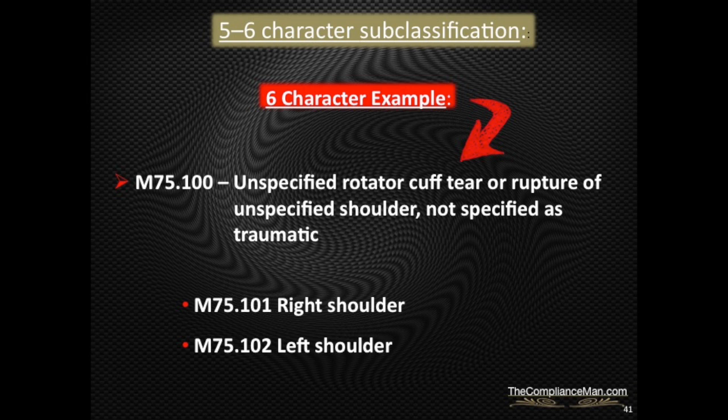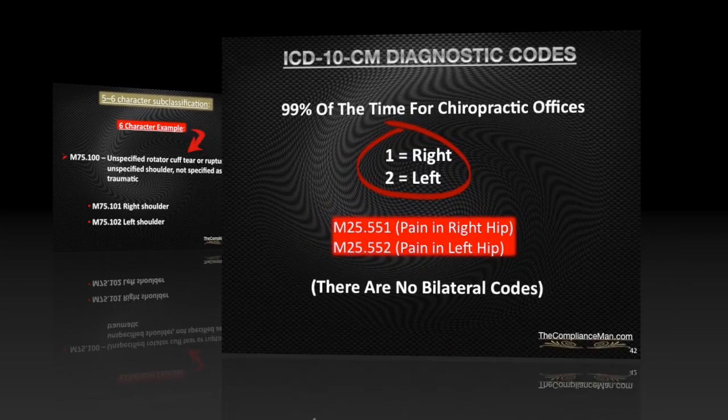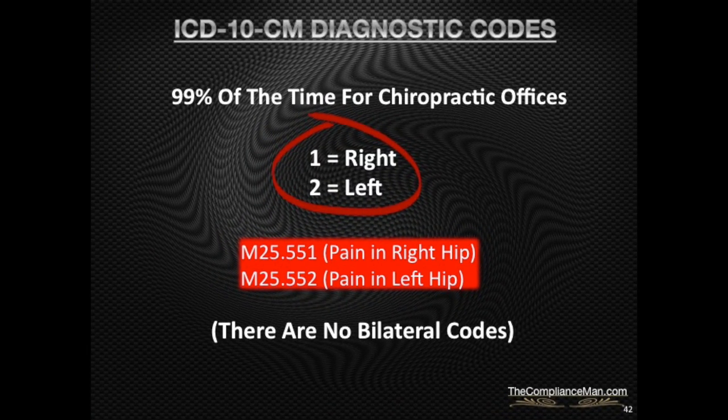And you see the 1 means right, and generally 2 means the left shoulder. So 99% of the time for chiropractic offices, 1 equals right, 2 equals left. So in this example, you see pain in the right hip versus pain in the left hip. And remember, there are no bilateral codes.